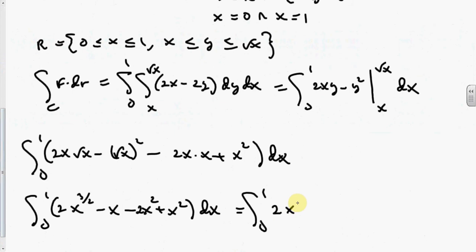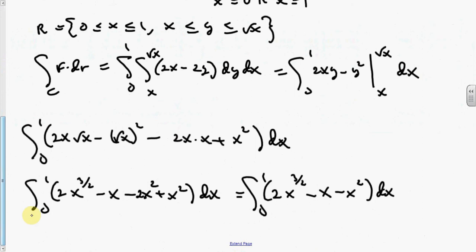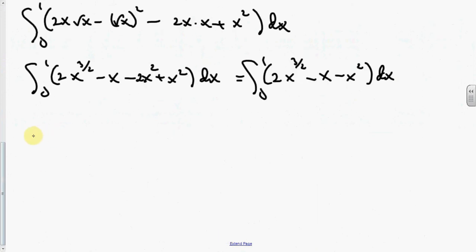Integral from 0 to 1. Simplify that again. This is 2 times x to the 3/2 minus x squared dx. So we integrate this guy.